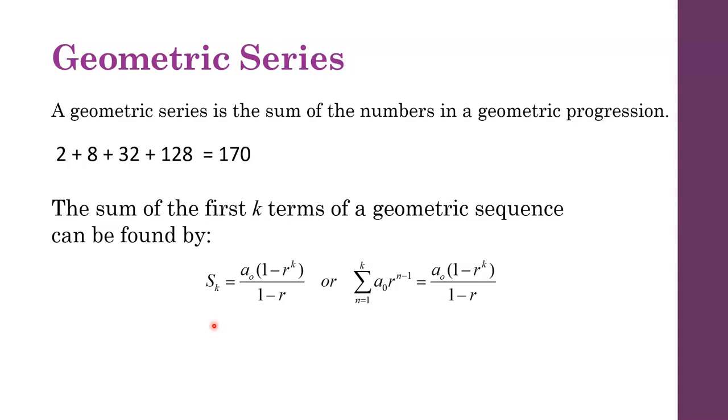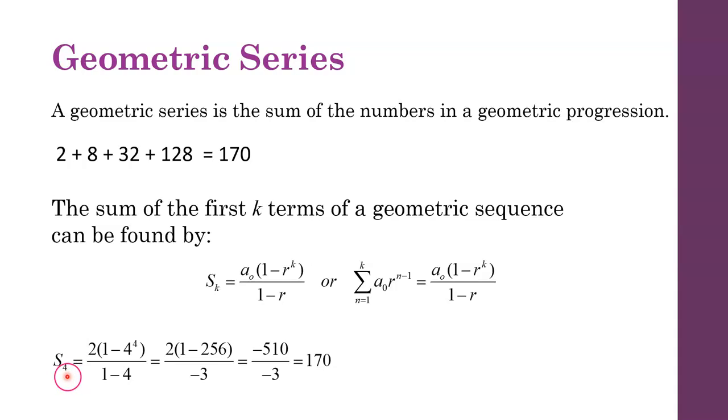So again, go back to the sequence that I had, 2, 8, 32, 128, and let's say I want to find the sum of the first 4 terms using the formula. This is how it would look. So I would start with my initial term 2, 1 minus 4 to the 4th, right? I'm finding the sum of the first 4 terms. So this 4 up there is the number of terms I'm adding.